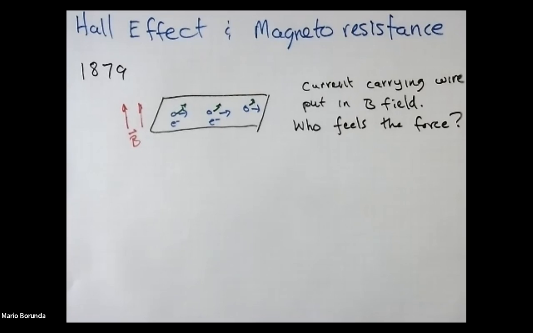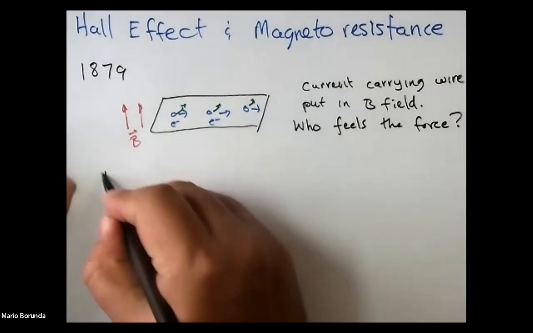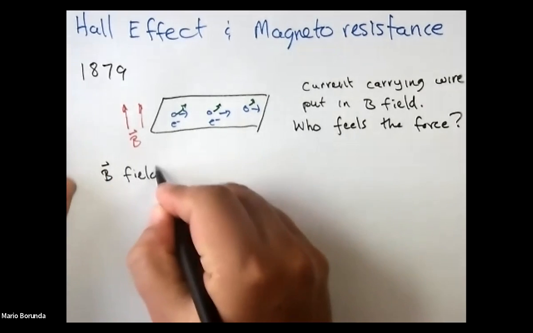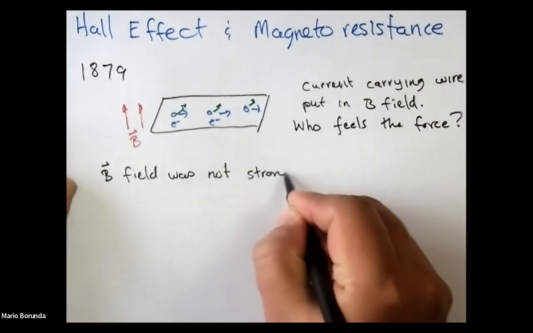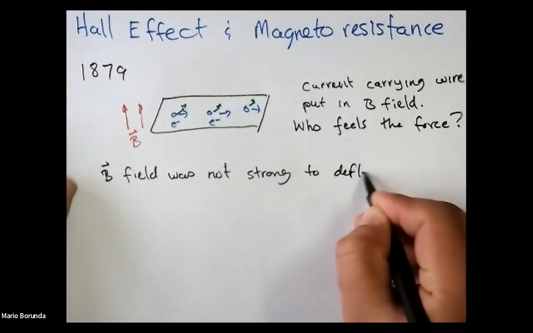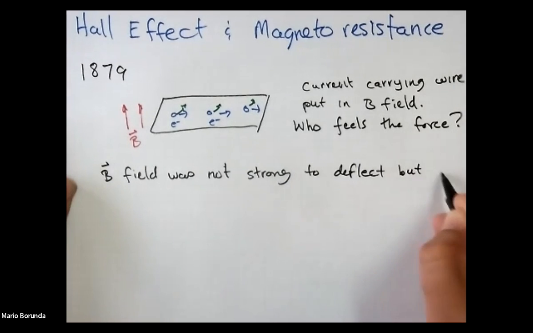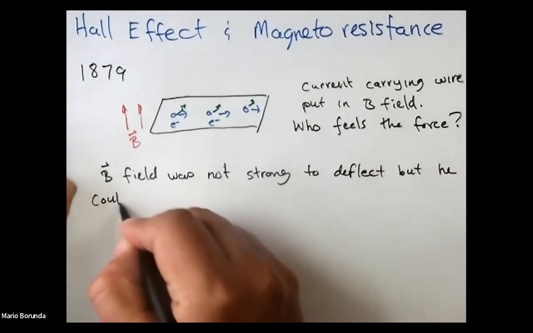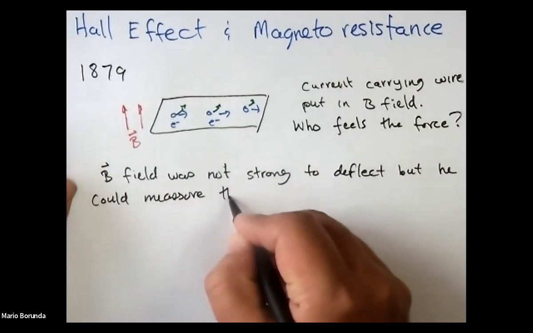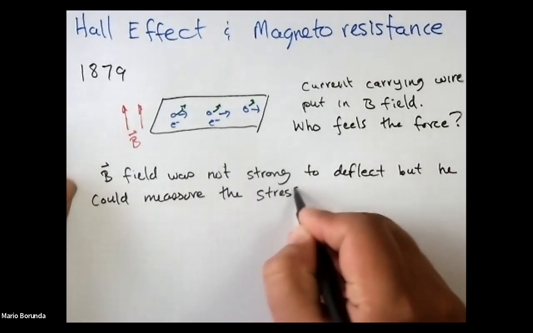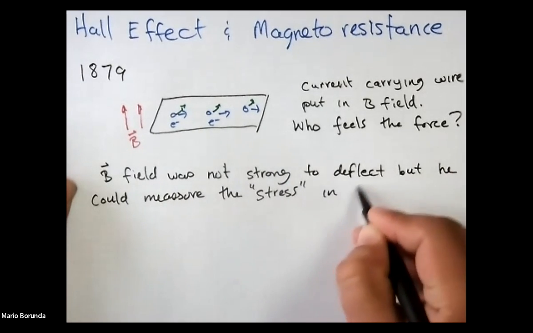So the B field was not strong enough to deflect, but he could measure the stress in the current.